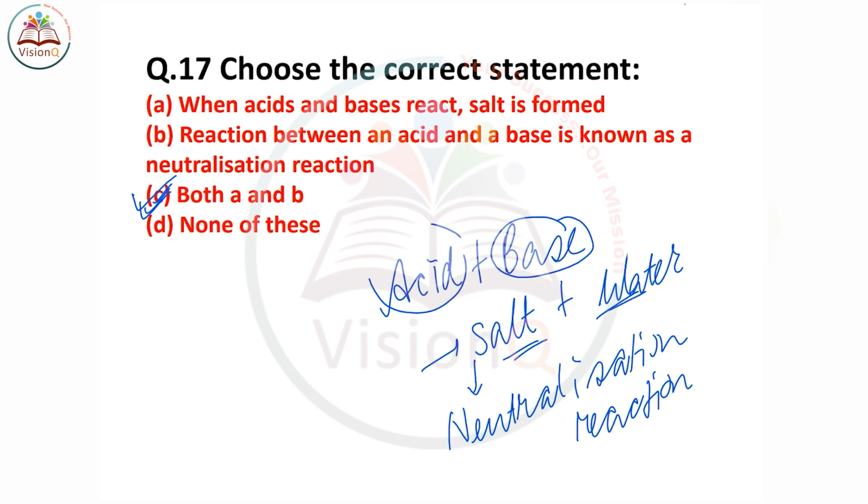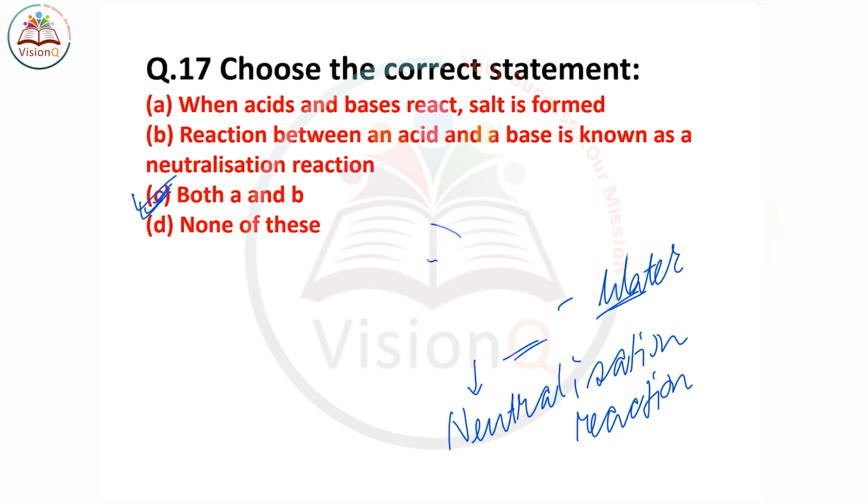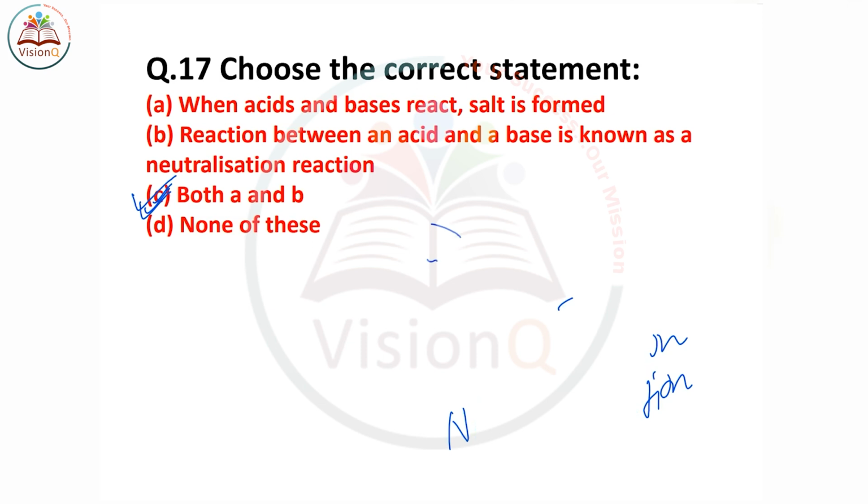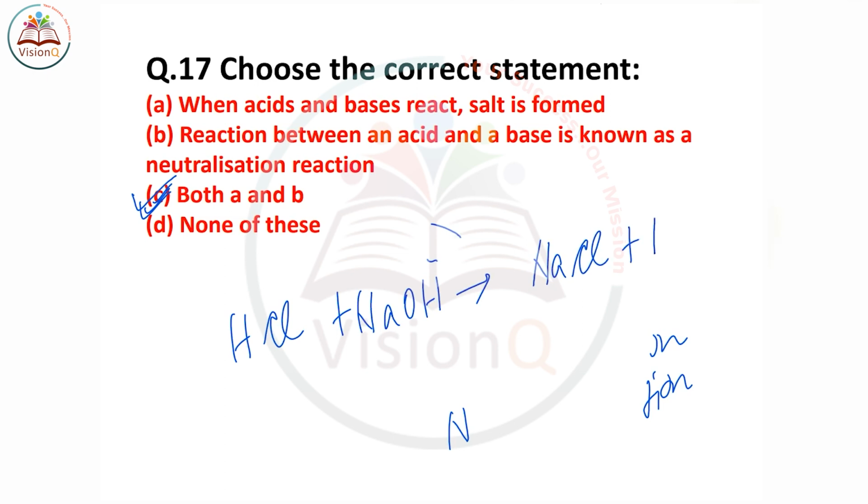If I give an example here, suppose hydrochloric acid, HCl, reacts with a base, sodium hydroxide, it gives the salt known as common salt, sodium chloride, NaCl, plus water. So acid and base react to give salt and water.